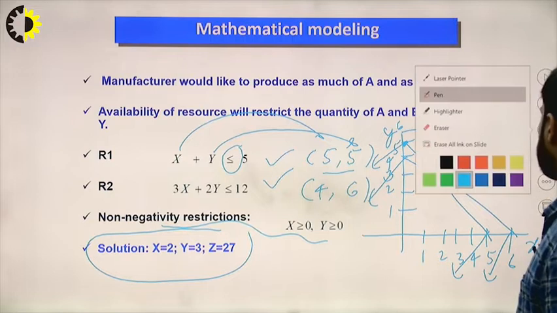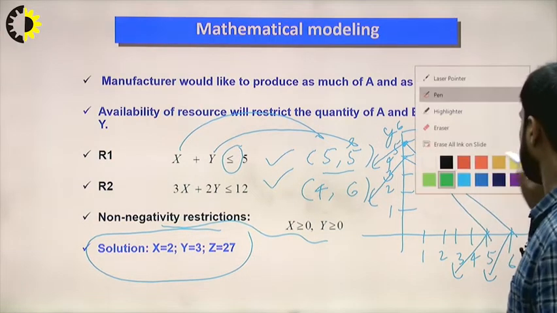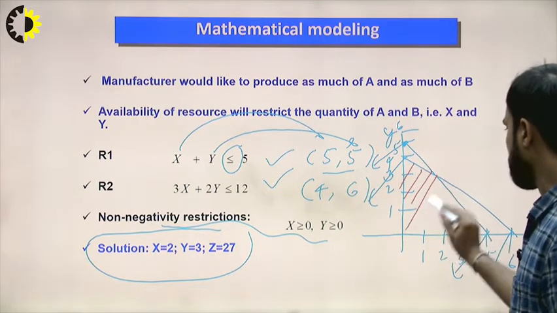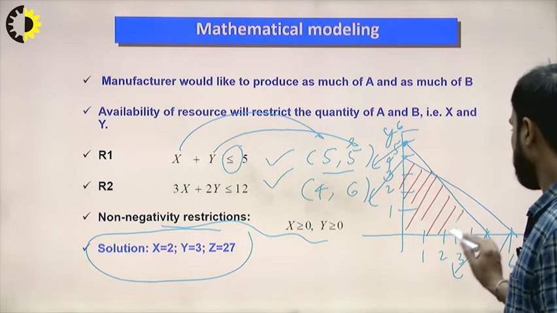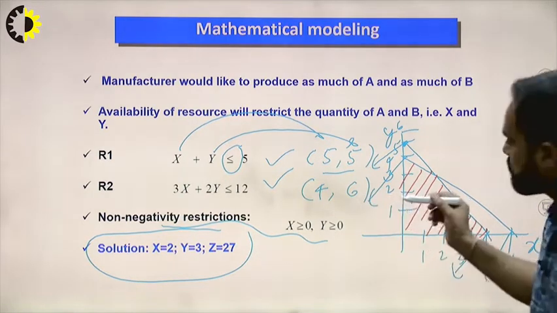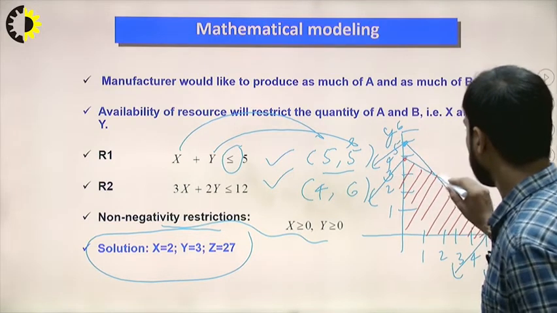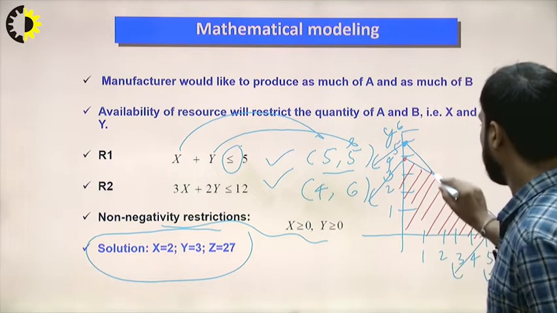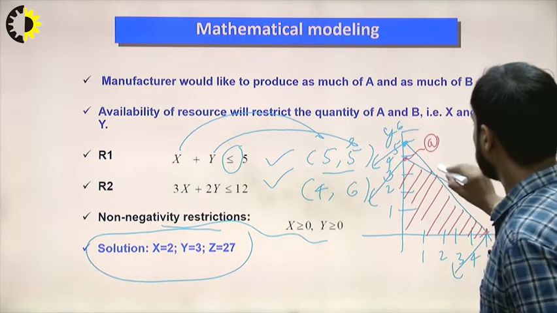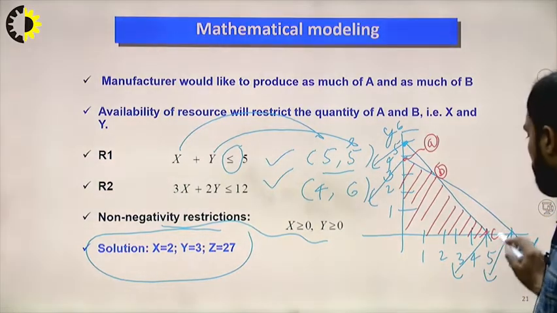So we can easily say the solution is the common feasible region for both the equations, that is the feasible region. And because this problem belongs to maximization, what are the feasible region corner points? Corner point number 1, corner point number 2, and corner point number 3. That is point A, that is point B, that is point C. So we have 3 different corner points.